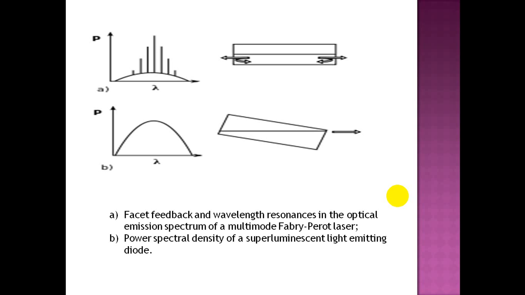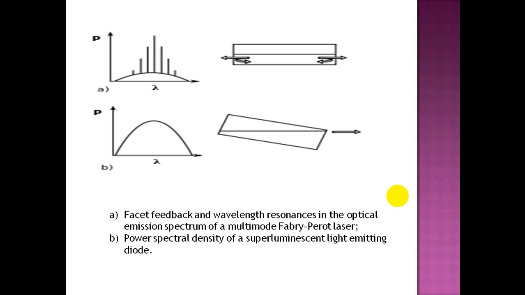When an electrical forward voltage is applied, an injection current across the active region of the SLED is generated. Like most semiconductor devices, a SLED consists of a positive section and a negative section.